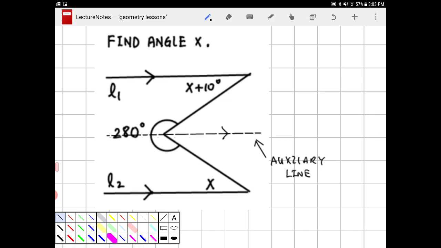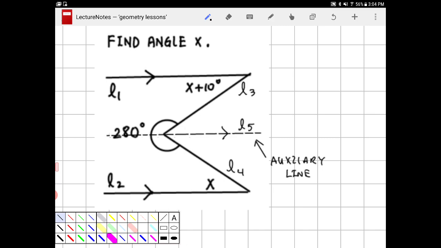If I call this line 3 and this line 4, line 3 and line 4 are now going to be transversals. Line 3 is the transversal between line 1 and line 5. Line 4 is the transversal for line 2 and line 5.